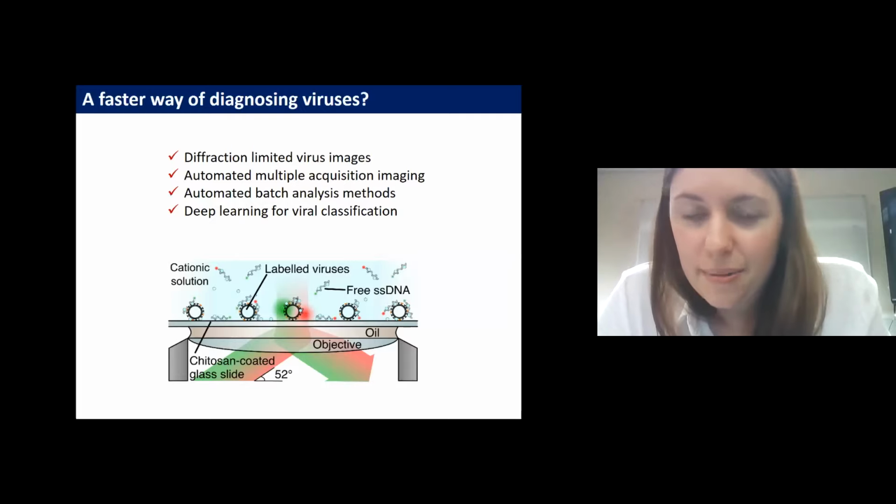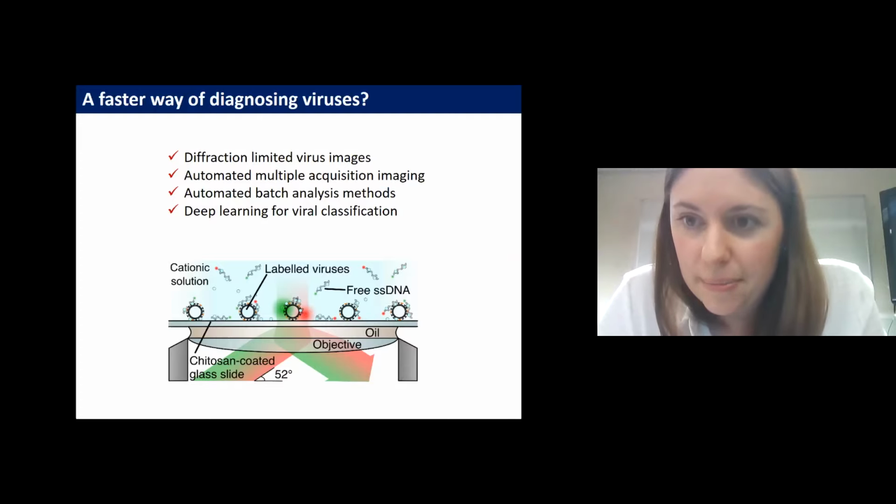So Nick's idea was really to see if we can develop a faster way for detecting viruses using a number of things. The first was to use diffraction limited virus images. So we don't need to use any fancy techniques like super resolution, which take time. We're just going to use the raw images, which are diffraction limited.